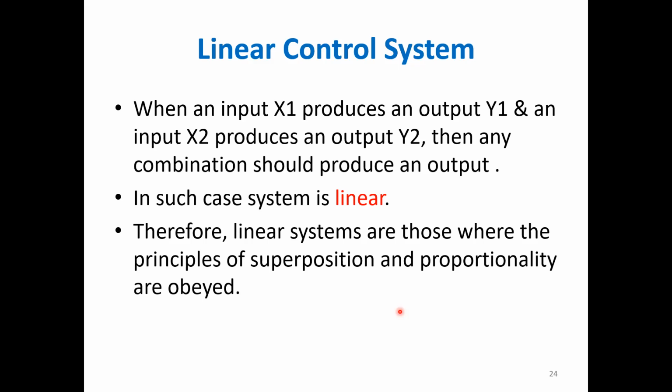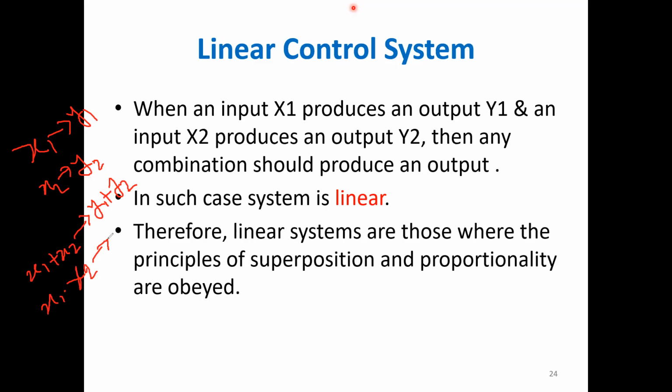So when an input x1 produces an output y1, and x2 produces y2, any combination x1 plus x2 produces y1 plus y2, and x1 into x2 produces y1 into y2.